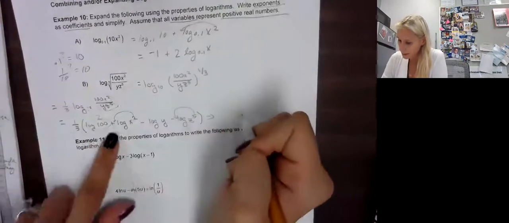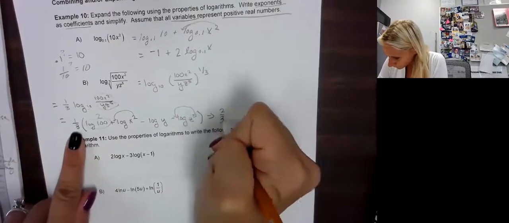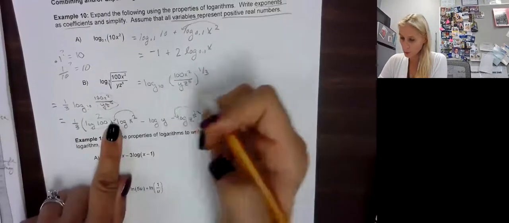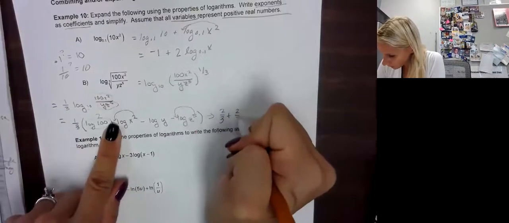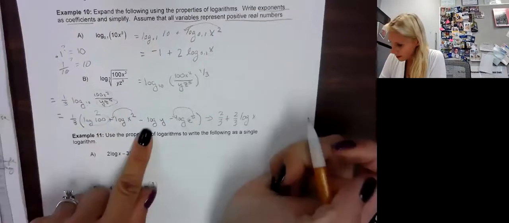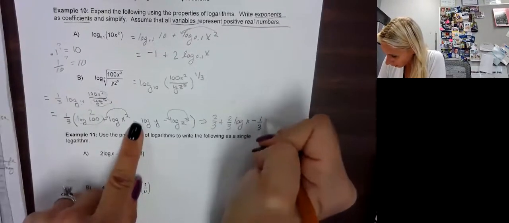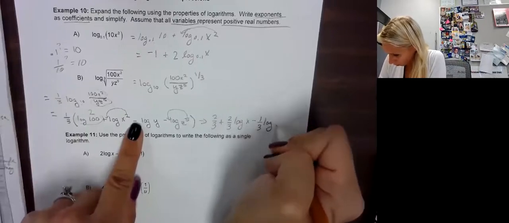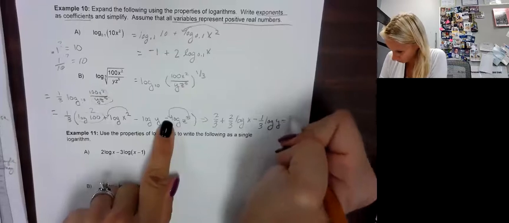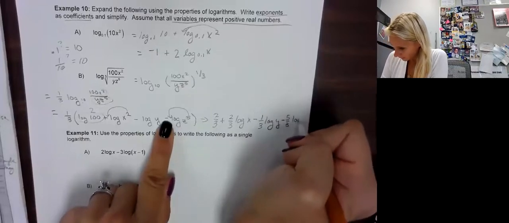So what we get is 2 times a third is 2/3, plus, now there's a 2 out front, right? Because we're moving it. 2 times a third is 2/3 log x, minus 1/3 log y, minus, now there's a 5 out front. 5 times 1/3 is 5/3 log z.